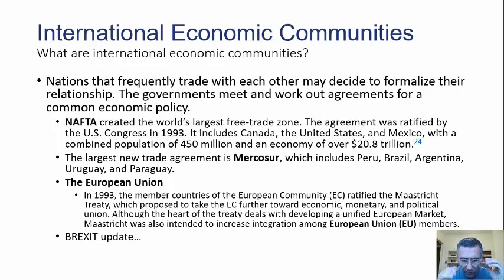Maybe we get rid of the Federal Reserve of the United States, and instead there's a Federal Reserve, let's say in Canada, and Canada controls one currency. We get rid of the dollar. We have a new currency, currency A, and that currency is traded in Canada, the US, and Mexico. We all use the same currency, and the central bank is no longer in the US, it is in Canada.